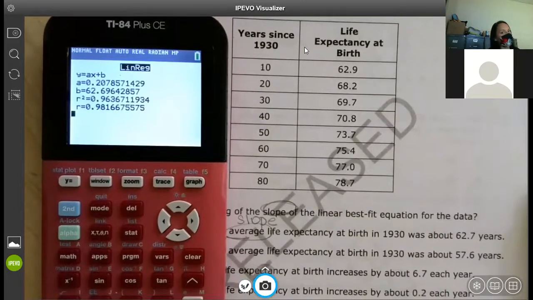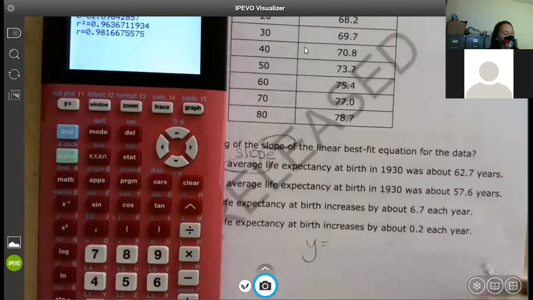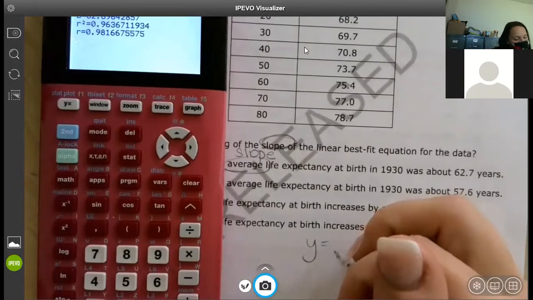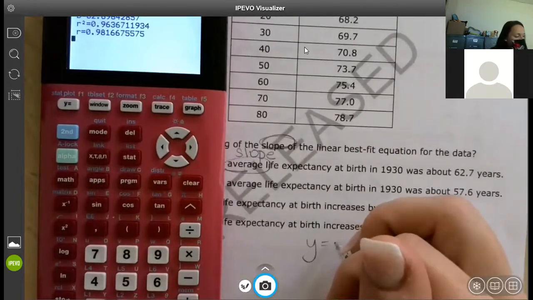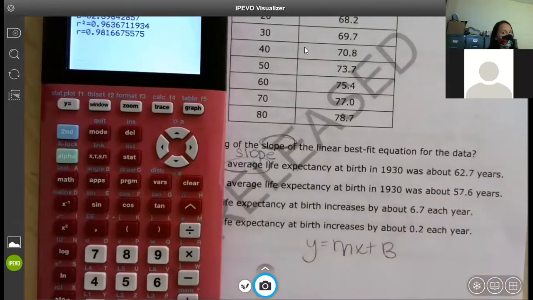Which one is your slope? Where do you find your slope in the equation? Remember, we had equations like this, y equals mx plus b.